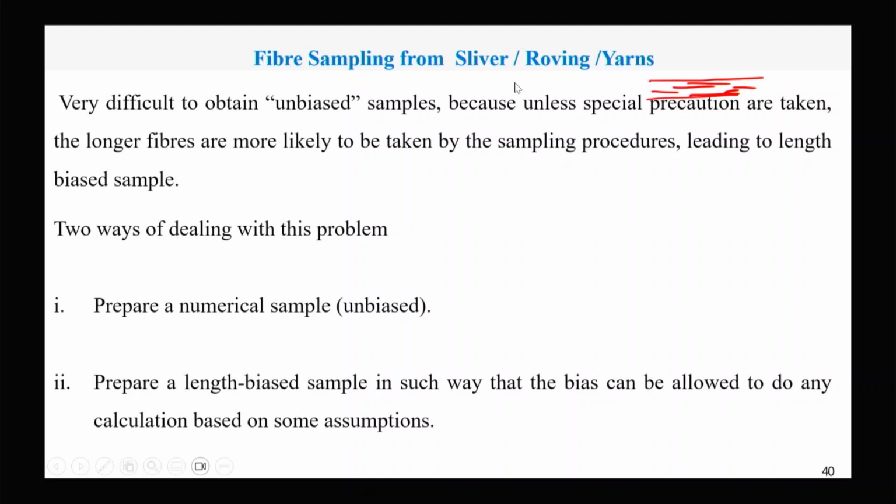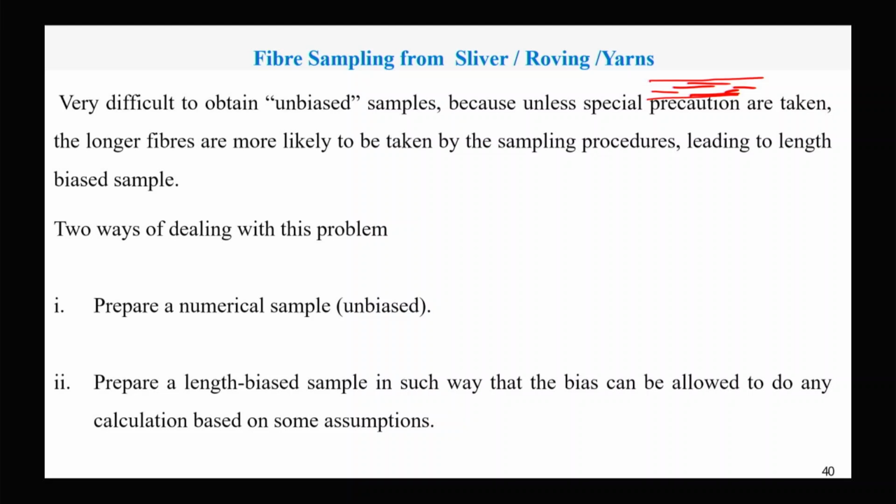So this is the sampling of fibers from roving, sliver and yarn. And unbiased sampling we can make using the numerical sampling.